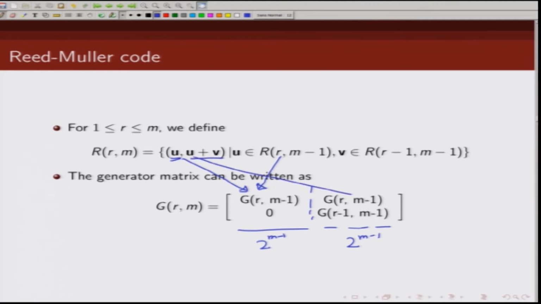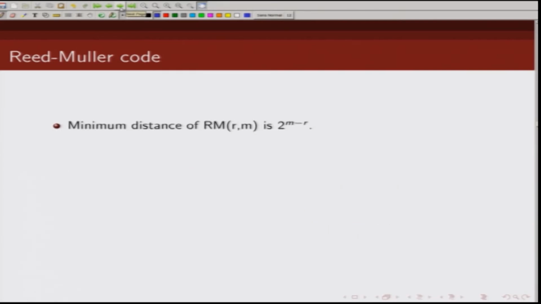So, this is your U and the next one is your V. In other words, I can construct a Reed-Muller code recursively from smaller length Reed-Muller codes. This is another way of generating the generator matrix for the Reed-Muller code.